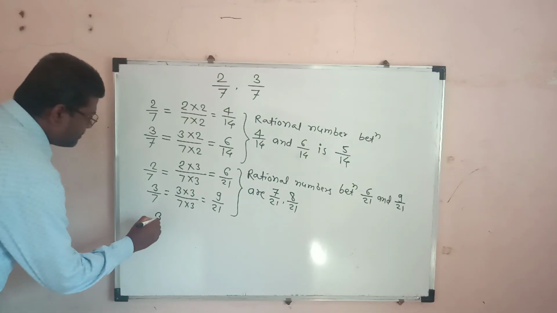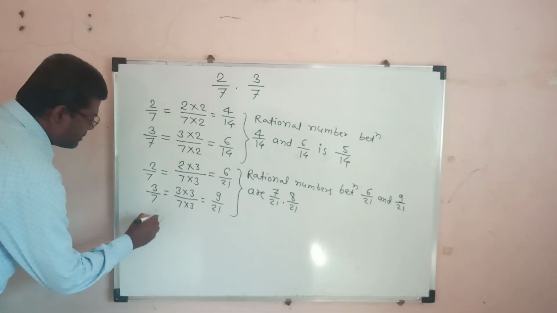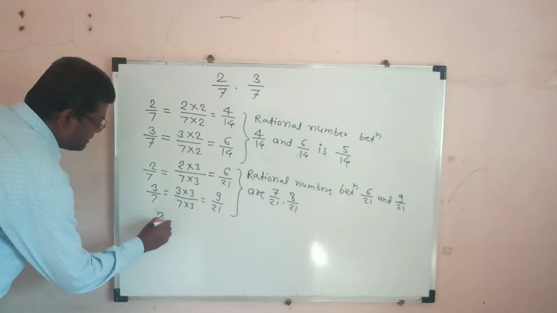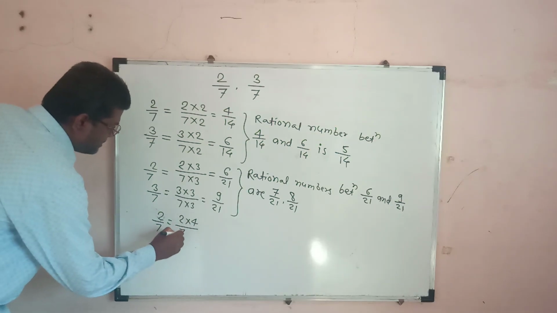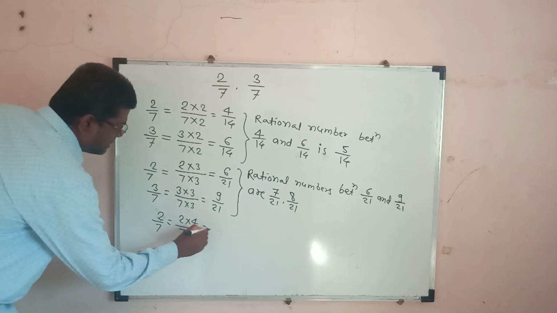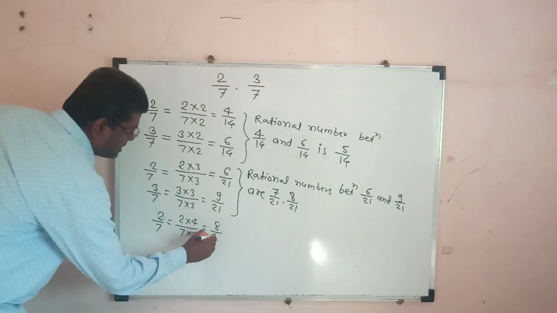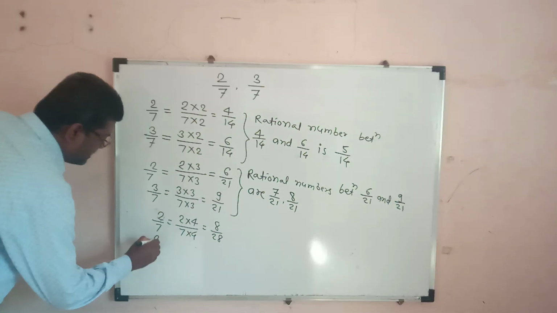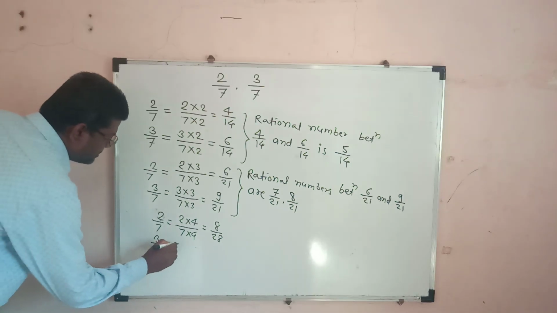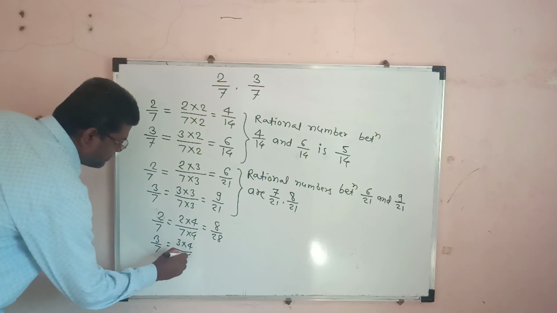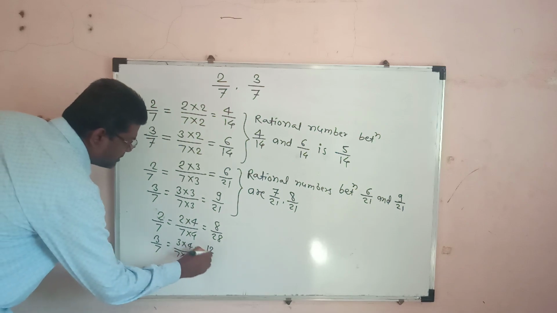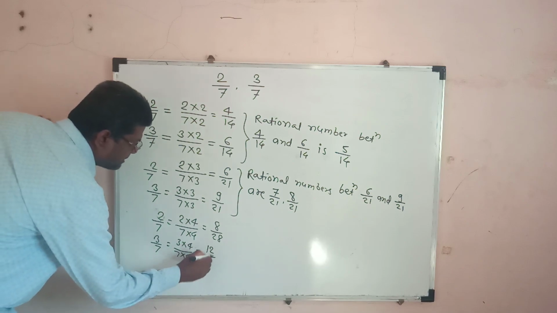Now multiply by 4. 2 upon 7 is equal to 2 into 4 upon 7 into 4 is equal to 8 upon 28. And 3 upon 7 is equal to 3 into 4 upon 7 into 4 is equal to 12 upon 28.